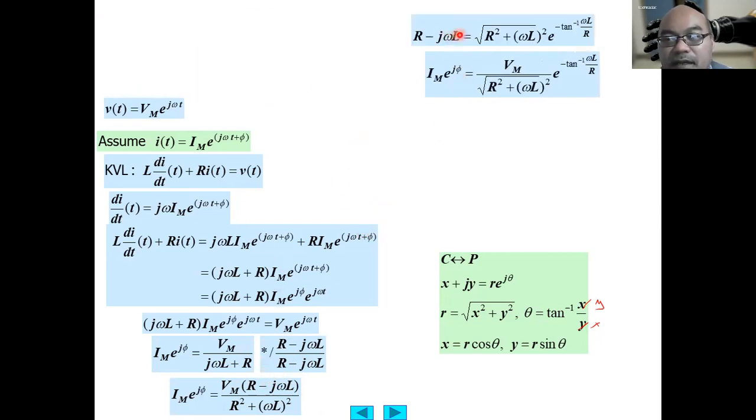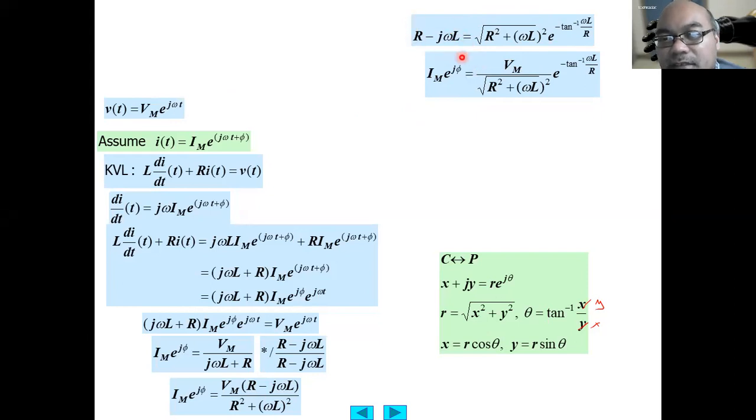So R minus j omega L equals the square root of R squared plus omega L squared, exponent minus arctangent. This is the phase, omega L divided by R. This is what, in the complex plane, represents the x and y components. So this is the magnitude.